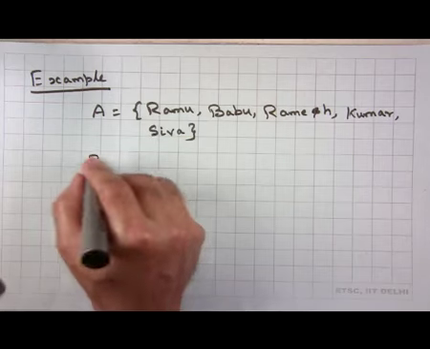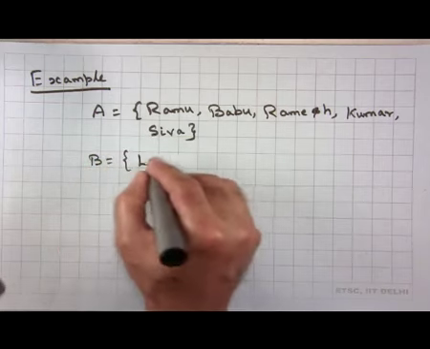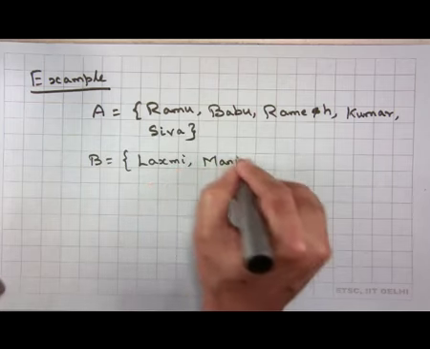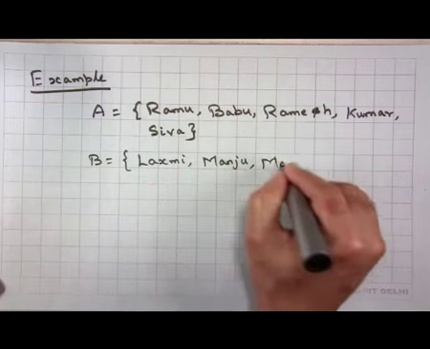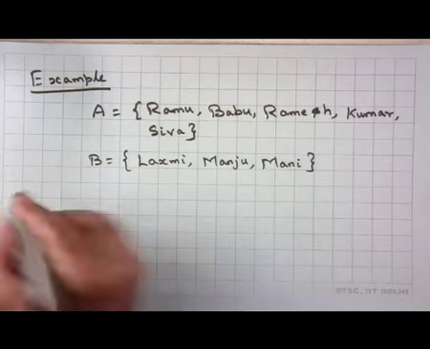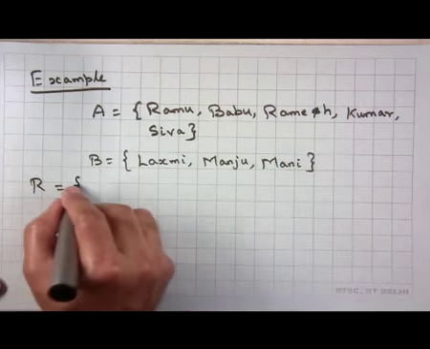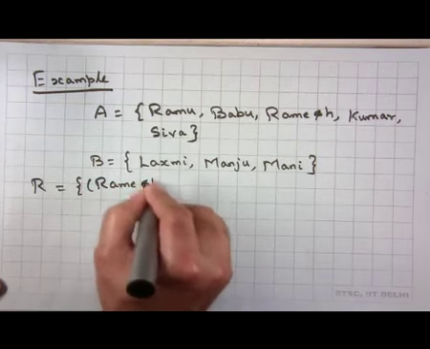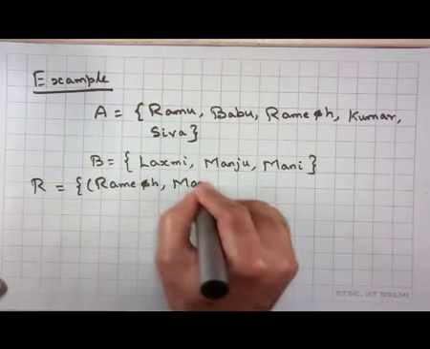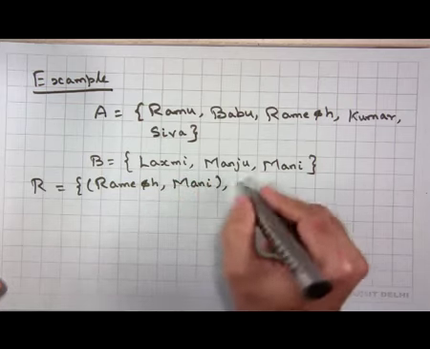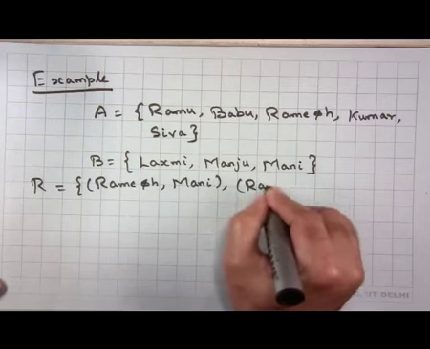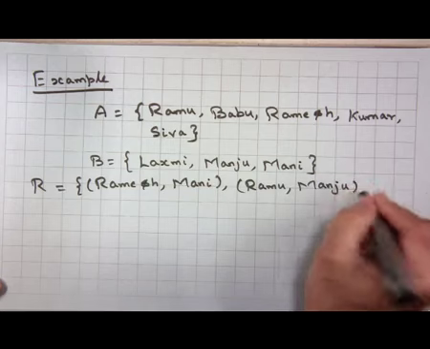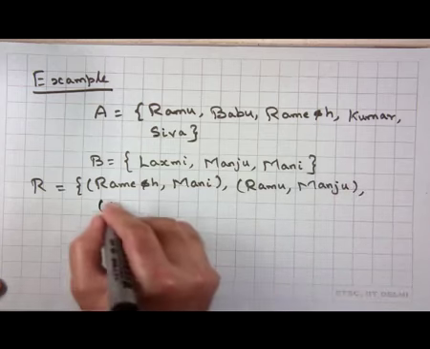The second set B contains Lakshmi, Manju, and Mani, and the relation that we had is (Ramesh, Mani), (Ramu, Manju), and (Babu, Lakshmi).